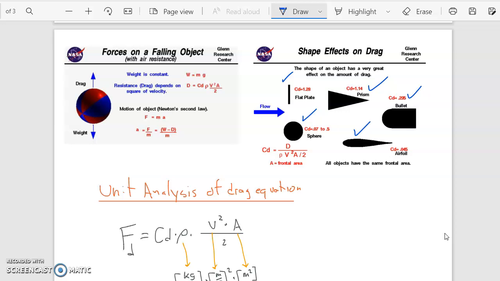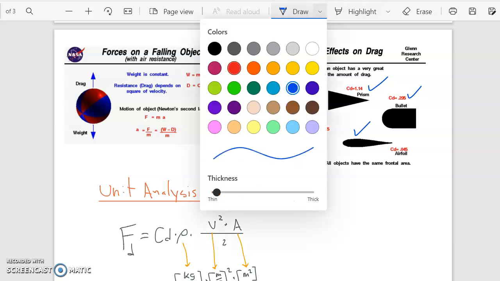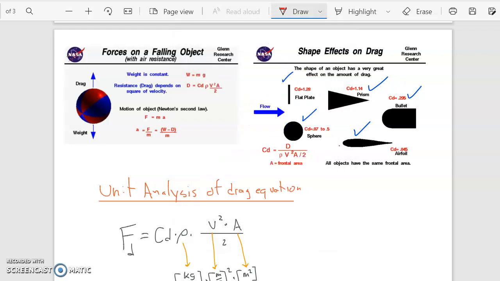So the actual shape, and of course, this assumes that the object is moving through the air in this direction. If it moves in a different direction, well, guess what? This drag coefficient doesn't apply anymore. So the direction at which it travels through the air is important here.